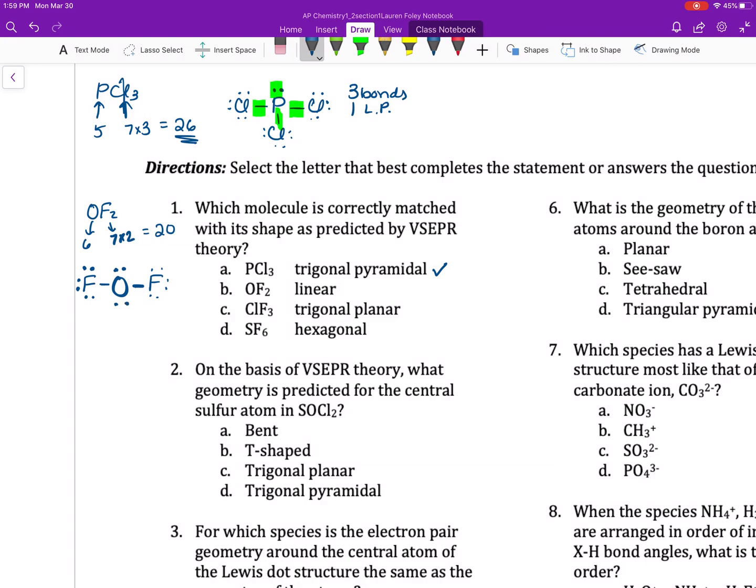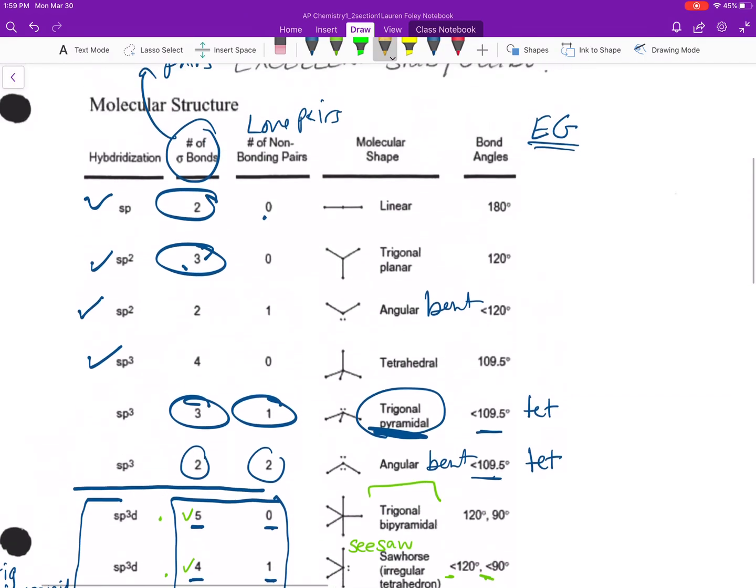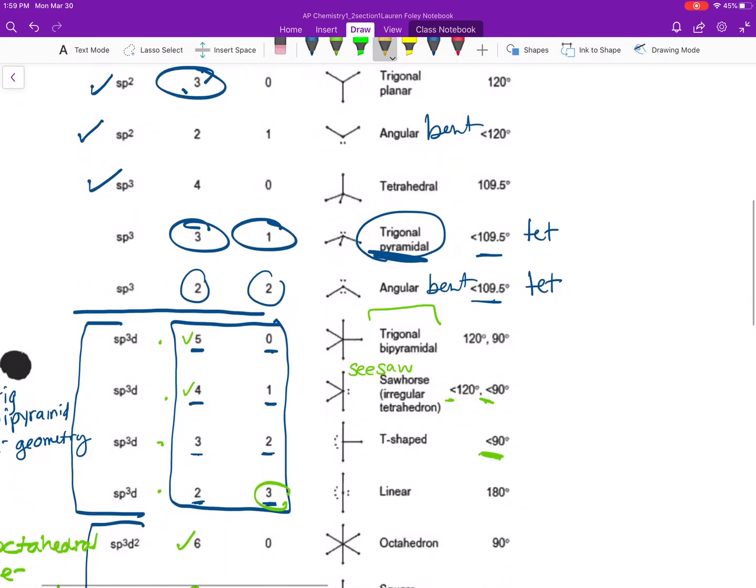Now, if you had to draw this molecule and you left it like this and someone asked, hey, what shape is it? You'd say, oh, it's a straight line. It's not a linear molecule. Look at your domains. You have 4 electron domains in total. You have 2 bonding domains and 2 lone pair domains. According to this chart, when I have 2 bonds and 2 lone pairs, it's a bent molecule.